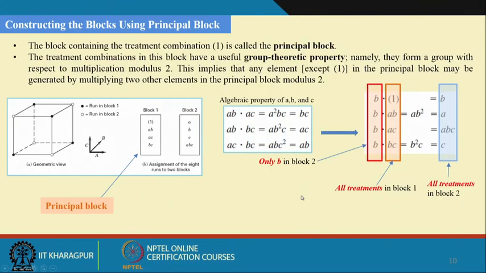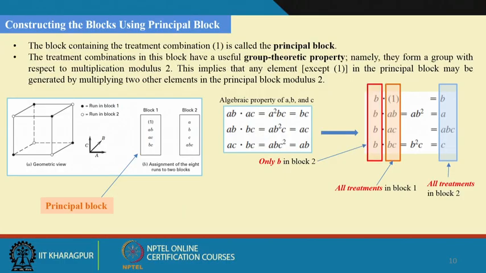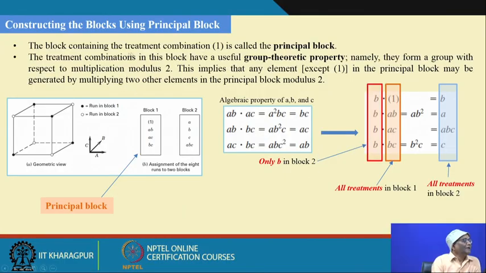Okay. This is the first one. Another concept, for deciding which treatment combination will go to which block, is the principal block concept. The block containing the treatment combination 1 is called the principal block.